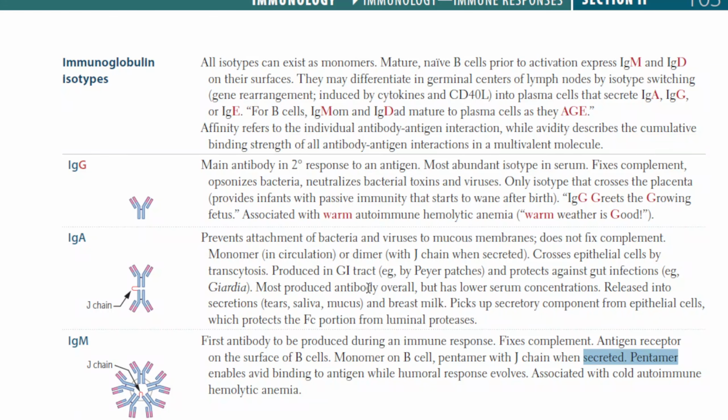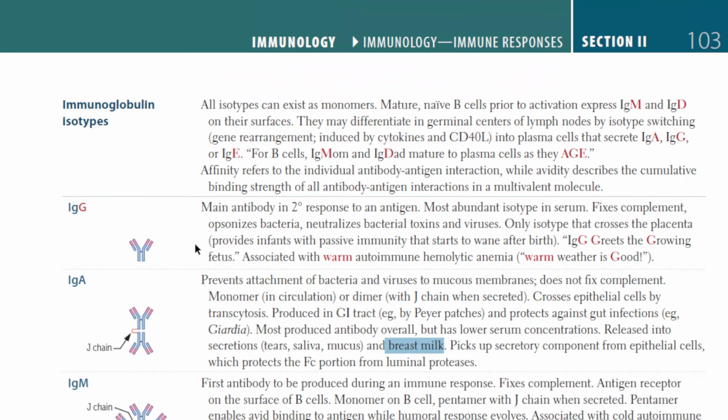It is the most produced antibody overall, has lower serum concentration, and is released into secretions like tears, saliva, and mucus, and is present in breast milk. And the most important to me, I think, is immunoglobulin G, because it crosses the placenta and is associated with warm immune hemolytic anemia.